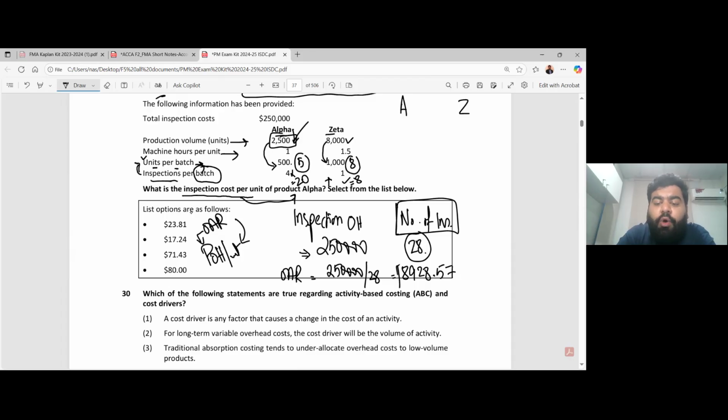This is the OAR, but it is 8928.57 per inspection. Per inspection, we have calculated the cost, the OAR.